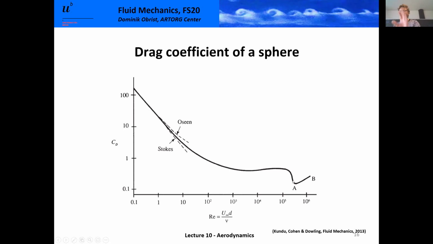And then at a Reynolds number of a few 100,000, we get this transition from a laminar to a turbulent boundary layer, which creates a much smaller wake. By the smaller wake, we reduce the pressure drag, and we get a significant drop in the drag coefficient, which also results in a reduced drag.